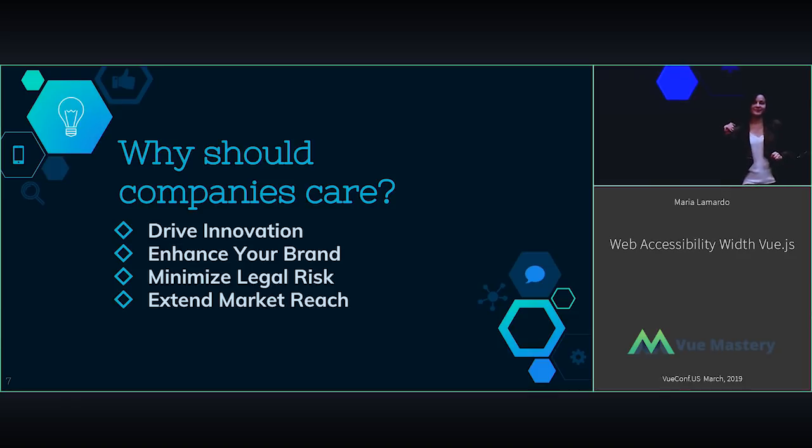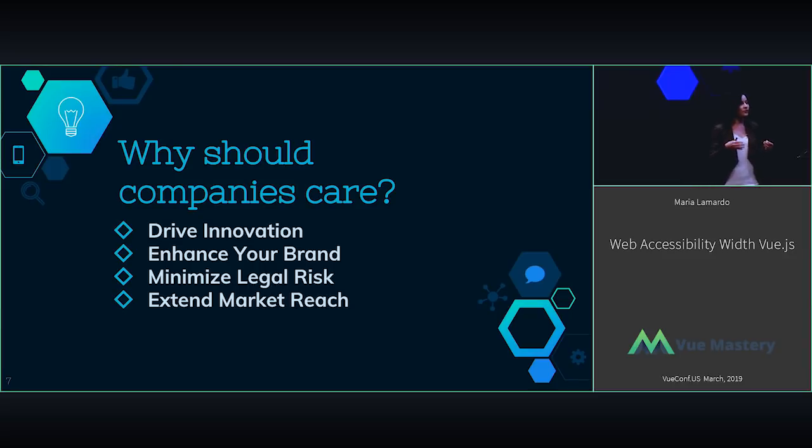So not only is accessibility the right thing to do, but there's a lot at stake for companies. By creating accessible applications, companies can drive innovation and often solve a lot of unanticipated problems. It can also enhance your company's brand by improving the positive image with your diversity and inclusion efforts.